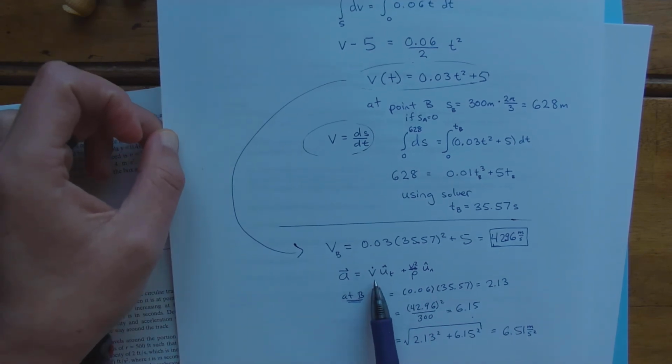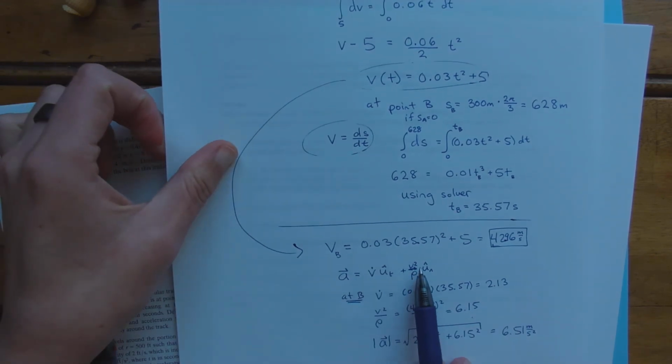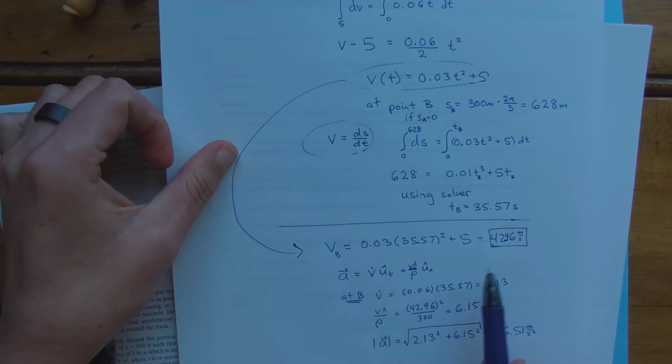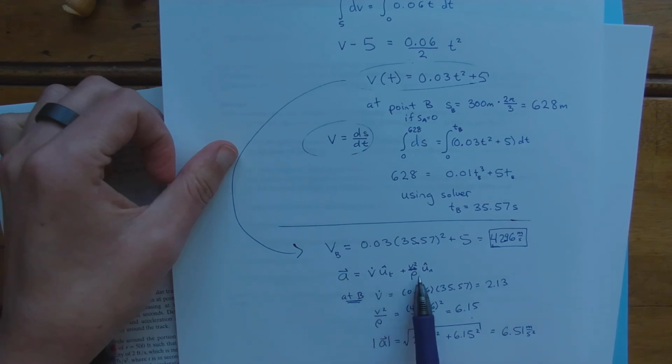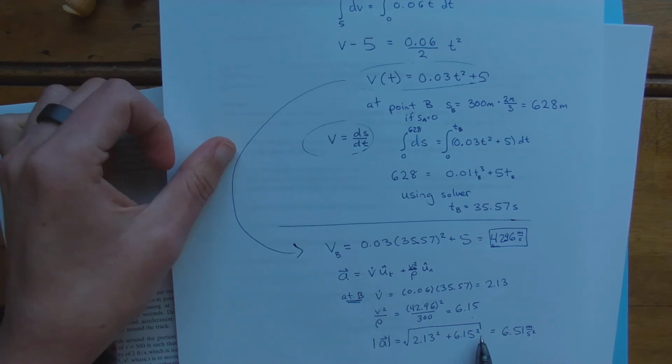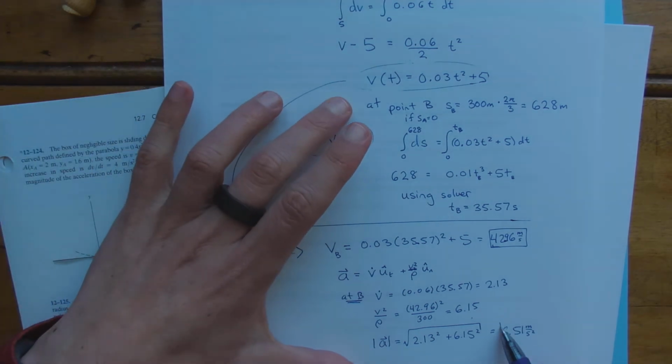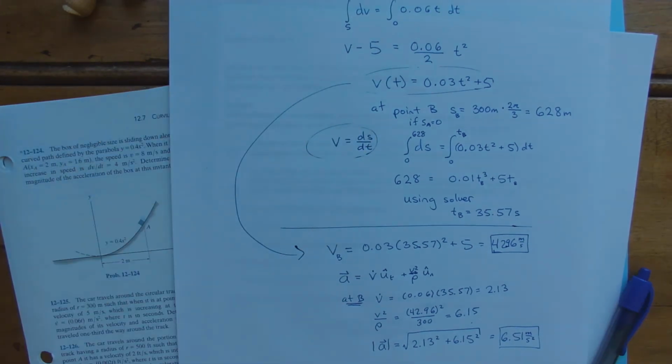So that's the tangential component. For the normal component, that's v squared over rho, so I plug in the velocity I have at point B, square it, divide by rho, I get 6.15. These are the two components for the acceleration, so I square them, add them together, take the square root, and I get 6.51, and that concludes problem 125.